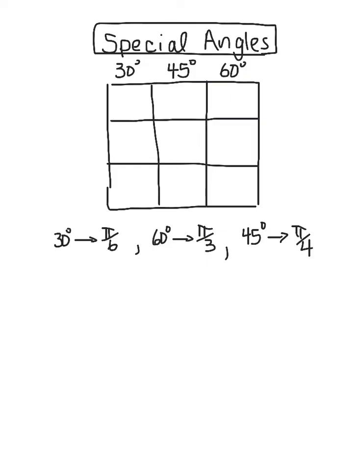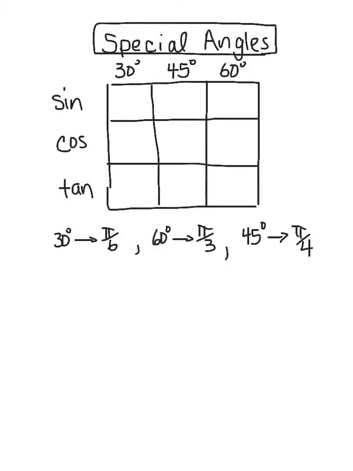All right, so now the rest of this chart, getting back to that, is remember good old-fashioned SOHCAHTOA. And so the left side of this chart goes in SOHCAHTOA order. So we're going to put sine first, then cosine, and then tangent.